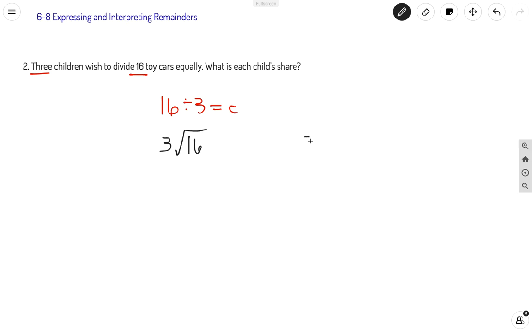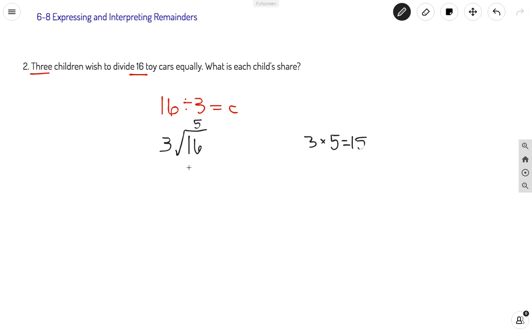So I'm going to think, and I'm going to do a math problem off to the side. I know that 3 times 5 will give me 15. So I know this is the closest I can get to 16 without going over. So I'm going to put my 5 up top.